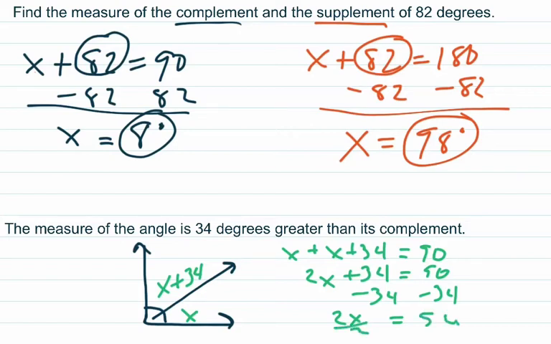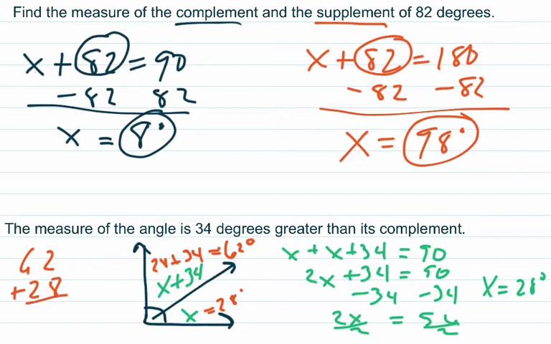And then if I divide by 2 on both sides, x equals 28. Before you finish, make sure you read what it's asking you. So this angle right here is 28 degrees, but this one is 28 plus 34, which would be 62. And then we can just double check: 62 plus 28 does equal our 90 degrees.